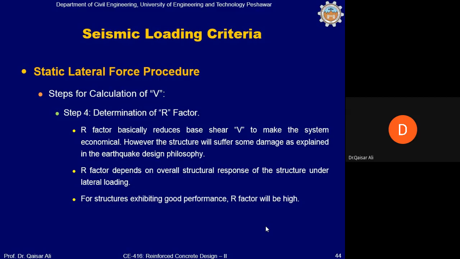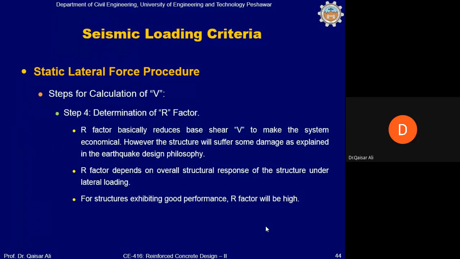This can be done only when the structure is very efficient, and after undergoing a lot of stress cycles, the structure is still in such a state that life safety is ensured. Only then can R be taken as a very high number. Otherwise, R shall be taken less.